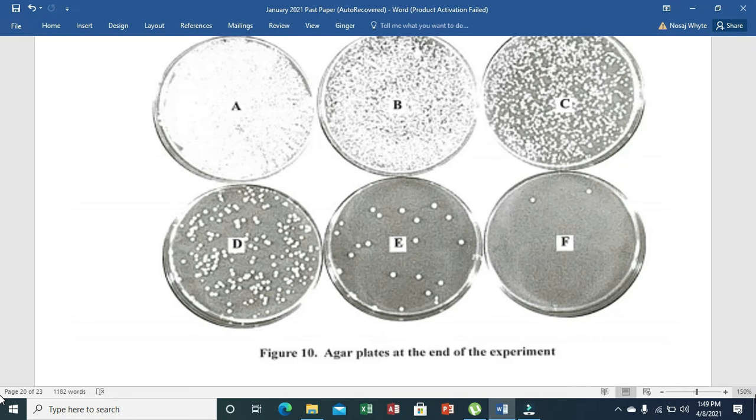Providing that it is what we see, we think that it would have more areas of white, which would represent the colonies of bacteria. So it would have the most, followed by B, C, D, E, and F. F would have the least, while we think that A would have had the most, being that we're just having a few little areas of black here, and all this area would be colonies of bacteria, since bacteria represent the white portion of the agar plate.